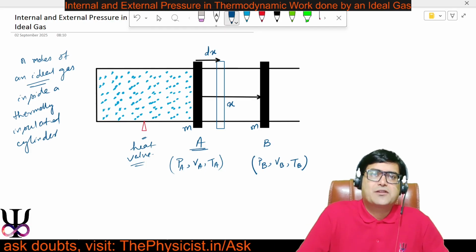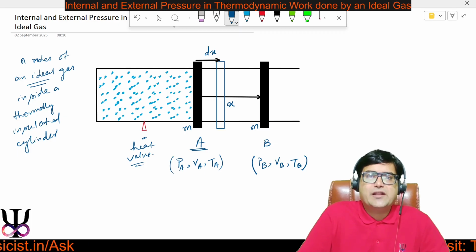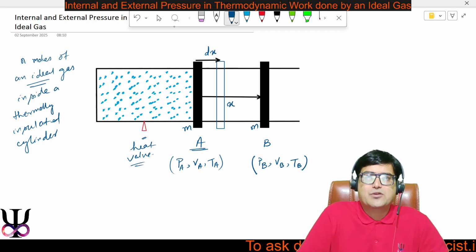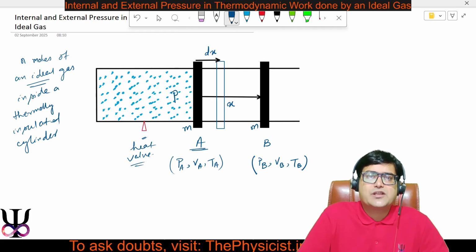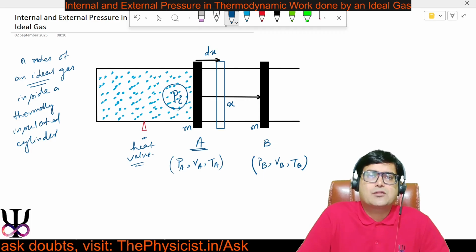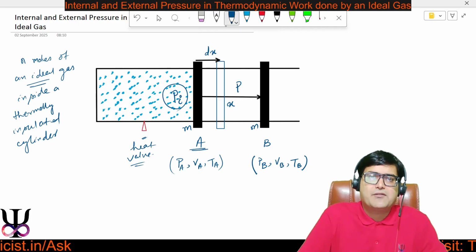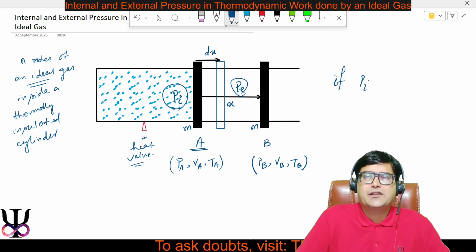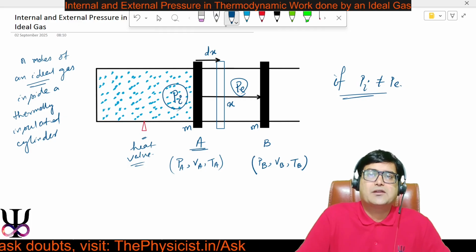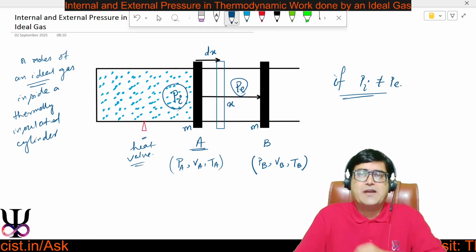However, let's understand the main confusion that you face. Imagine when the solid black piston goes from left to right, there is an internal pressure Pi on the left hand side, and when the piston is expanding and going to the right, you have the external pressure P. And if the internal pressure is not equal to the external pressure, how do you find the work done in the process of expansion or compression?